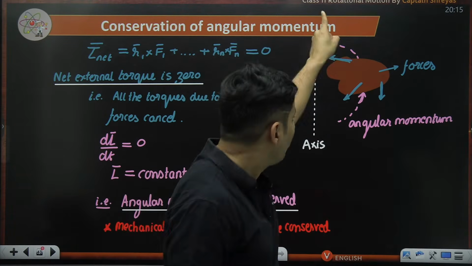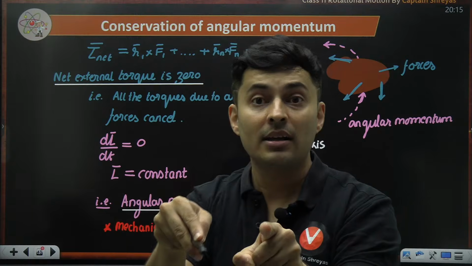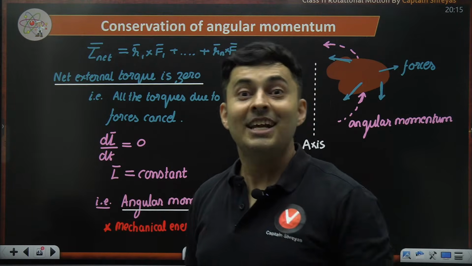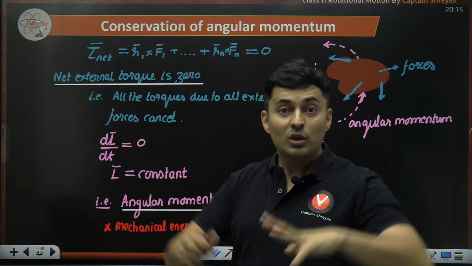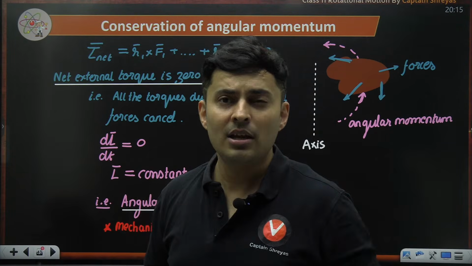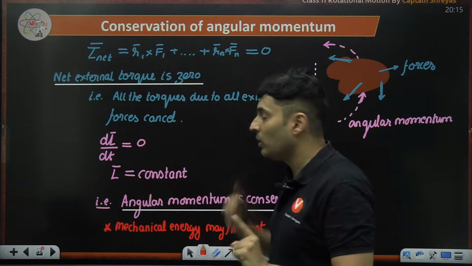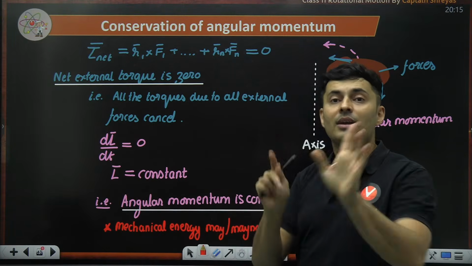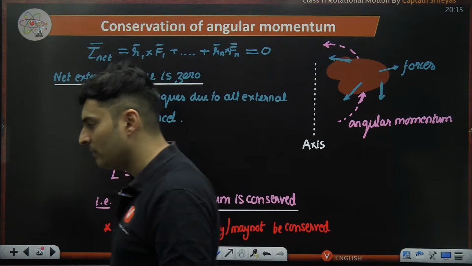But about one axis, the torque is zero, and that is where the angular momentum is conserved. That is why this principle becomes very tricky, because so many axes could be possible. You need to be smart enough to figure out about which axis the net torque is zero, and that is where the angular momentum is conserved. Did you guys understand the crux of the problem?